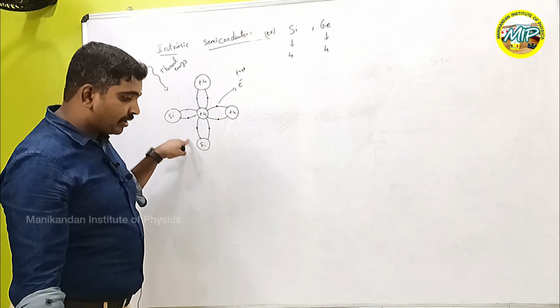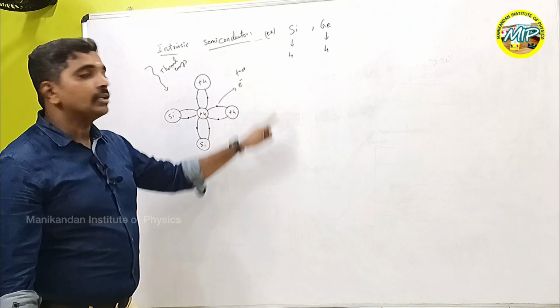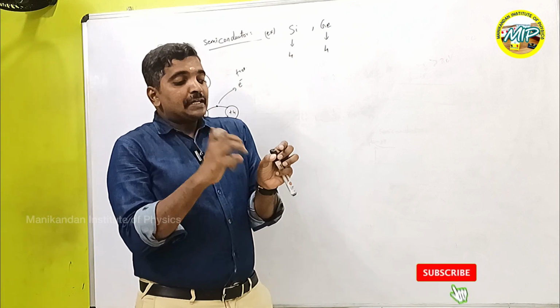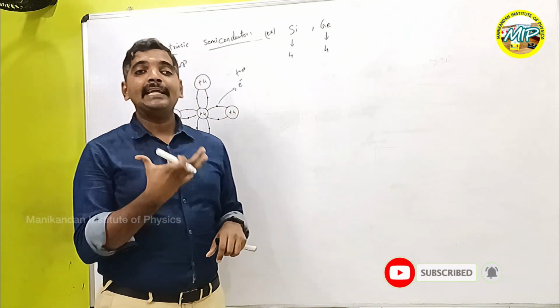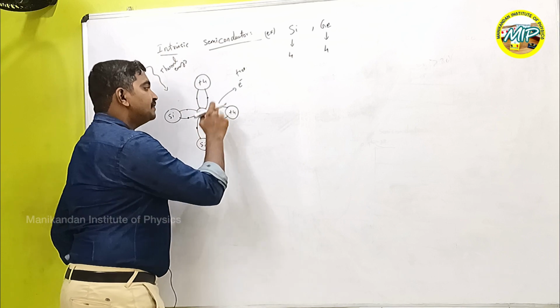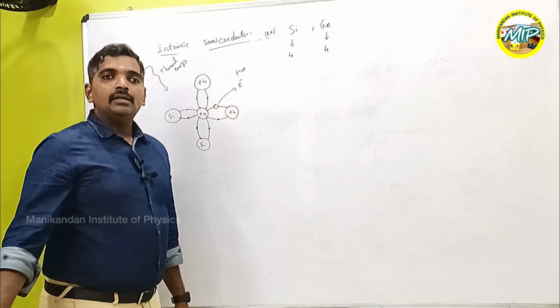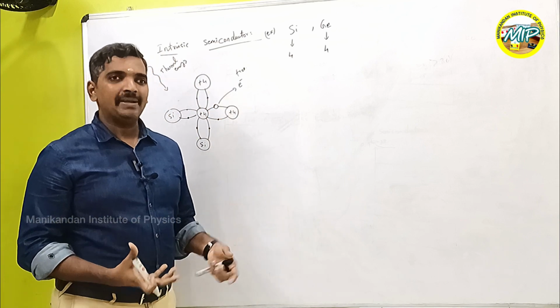We have to give some amount of energy to remove this electron. If I remove the electron from a particular point, there's a vacancy. This vacancy is positively charged because I removed the negative charge.